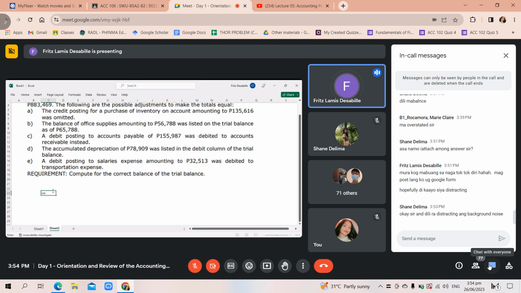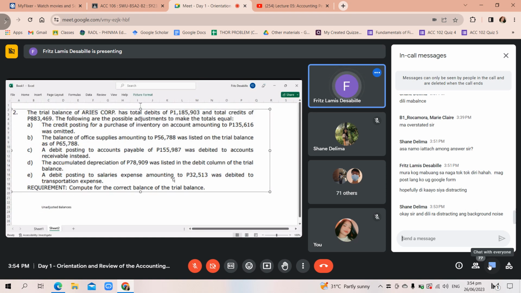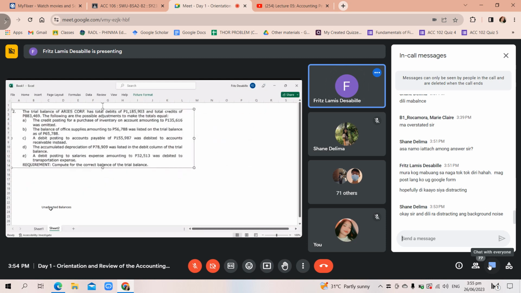Unadjusted balances. So unadjusted balances. So debits, credits, debit credit.